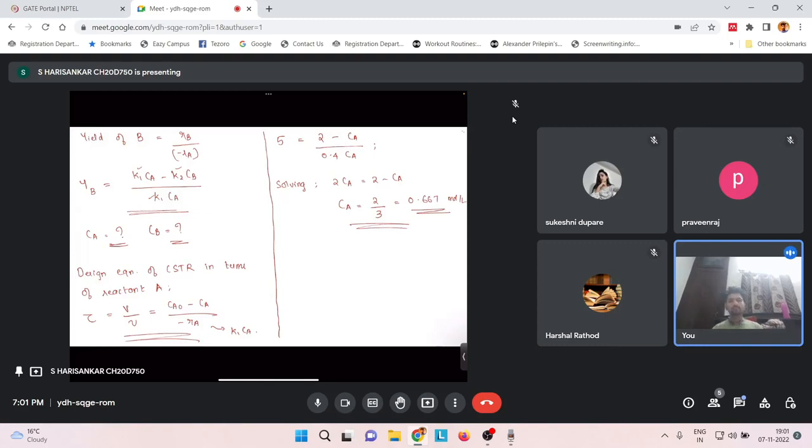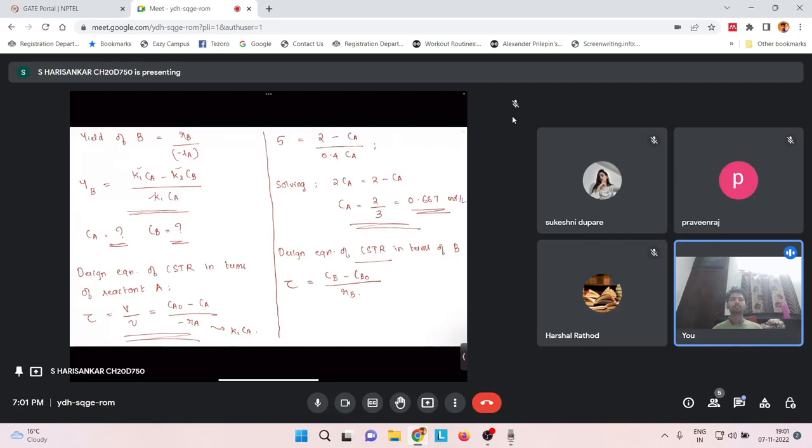Now the same thing we can do using the design equation of CSTR in terms of the product, or the intermediate product B. So the design equation of CSTR in terms of B, we can write as tau is equal to Cb minus Cb0 by Rb.